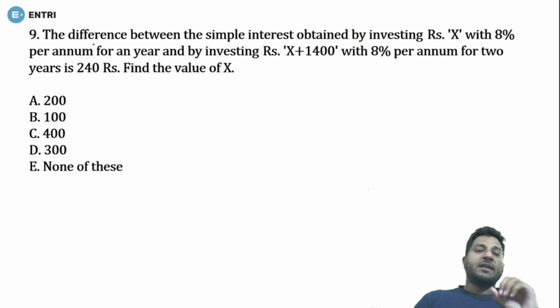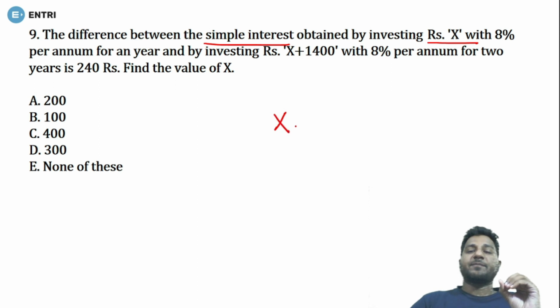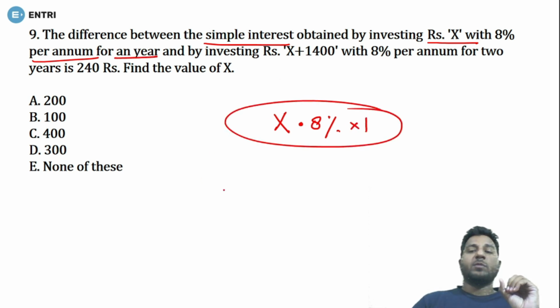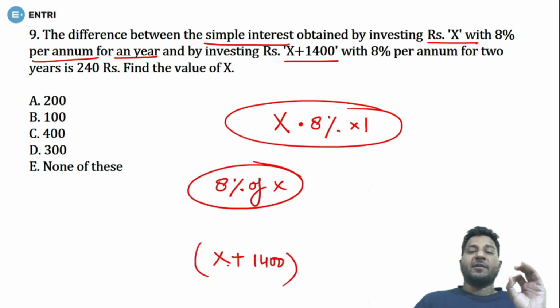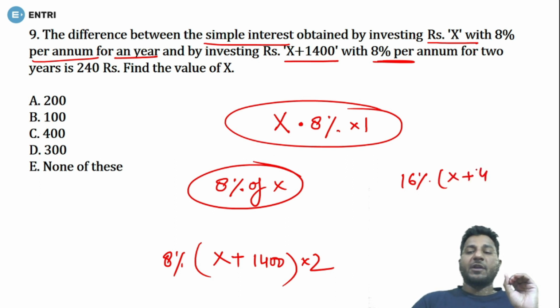Next question. The difference between the simple interest obtained by investing rupees X at 8% per annum for a year, so it will be multiplied with 1, so the total interest will be 8% of X. And by investing X plus 1400 at 8% per annum for 2 years, it will become 16% of X plus 1400.